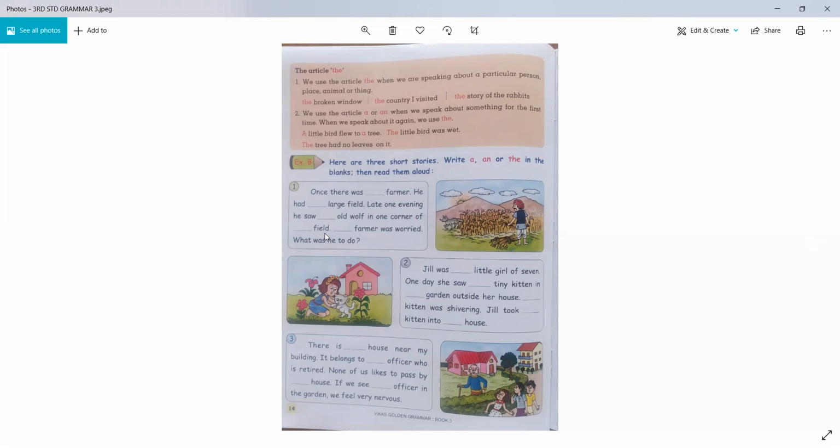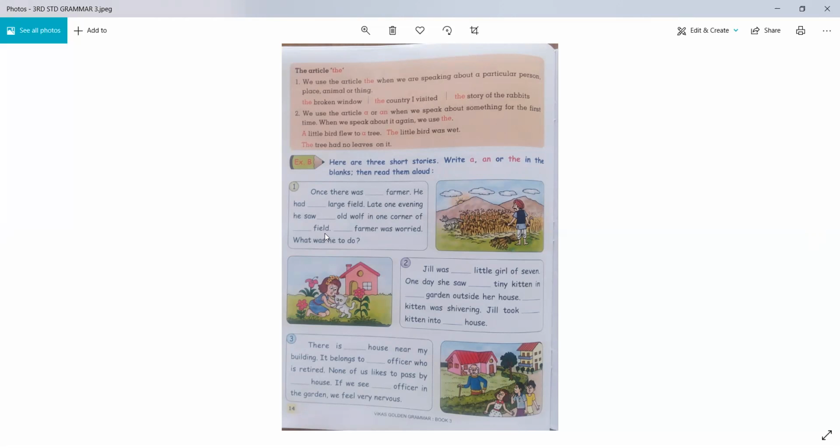So here I will tell you. I was waiting for this story, so that you will understand. Here we use article the when we are speaking about a particular person.